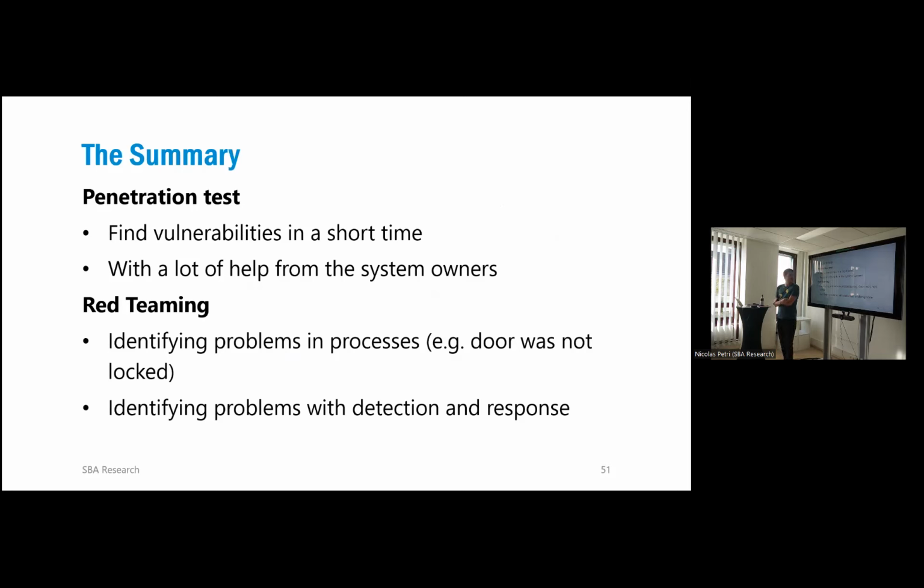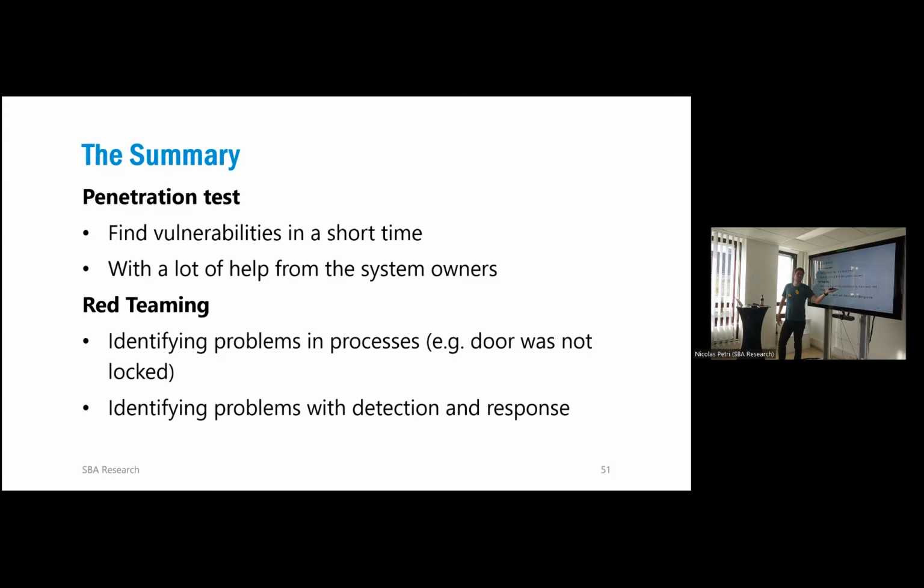So in summary, a pen test is about finding vulnerabilities in quite a short time. I mean, it can still be quite long, but shorter than red teaming. And you basically have a lot of help from the system owners in a pen test. You can ask them a lot of questions. They know that you are it. And red teaming is about identifying problems in processes.